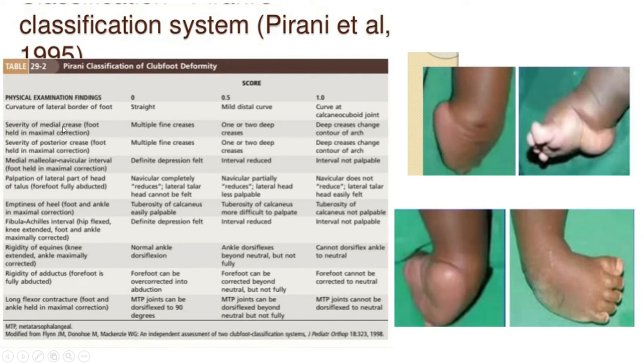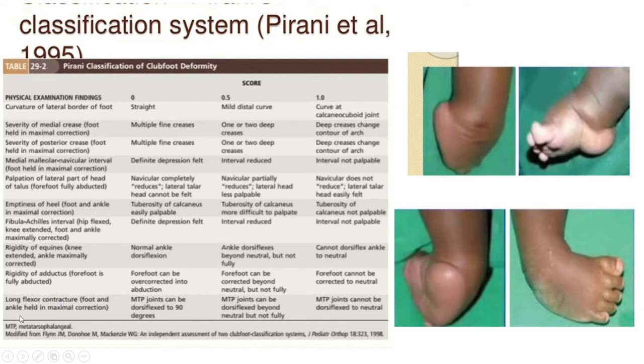Otherwise, all the other deformities, like severity of the medial crease, severity of the posterior crease, medial malleolar and navicular interval, palpation of the lateral part of the head of the talus, the heel feeling, the fibula and Achilles interval, rigidity of the equinus, rigidity of the adductors, and long flexor contracture of the ankle, are checked with maximum correction.